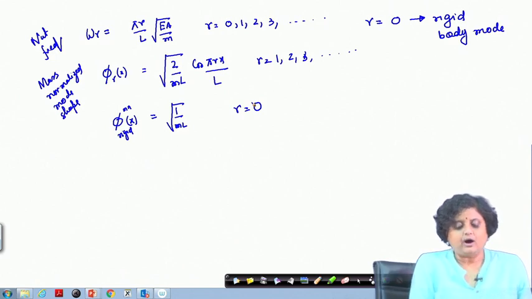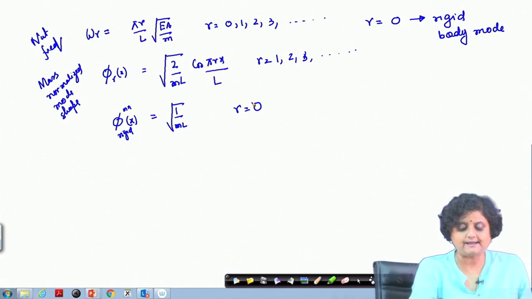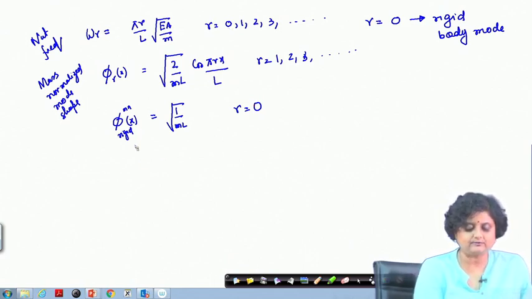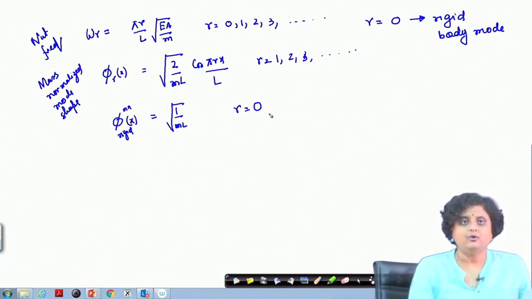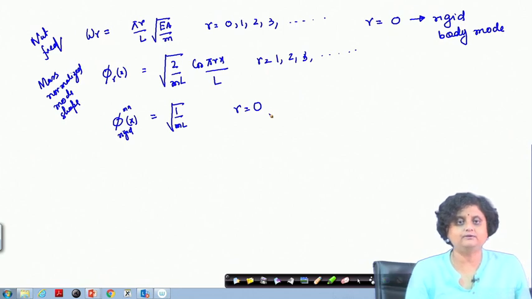So, now how to solve this problem when we have a rigid body mode. I have a rigid body mode which is showing in the natural frequency as well as in the mode shape. We can see that the mode shape corresponding to the rigid body has no variation in x, which is in tune with the physics, because when it is undergoing rigid body motion or rigid body mode, there would be no deformation of the body.